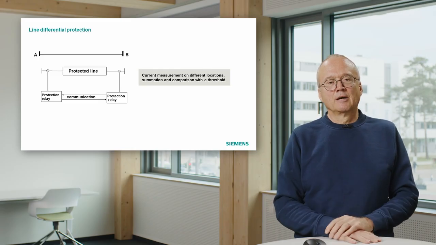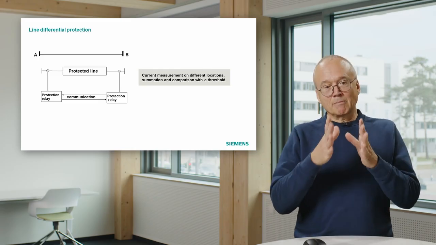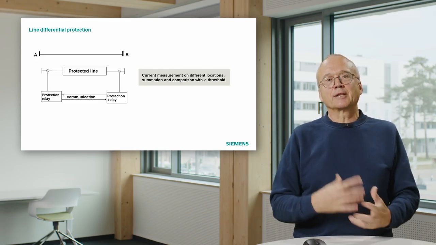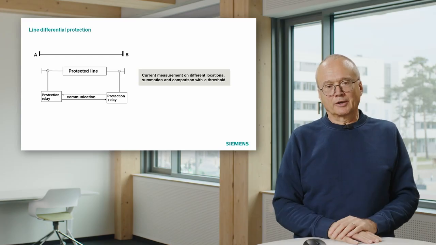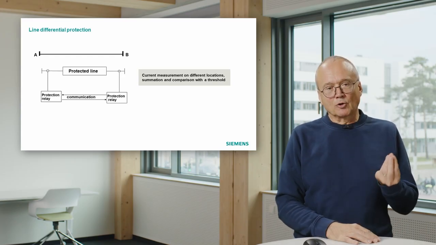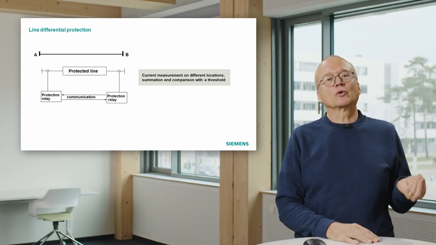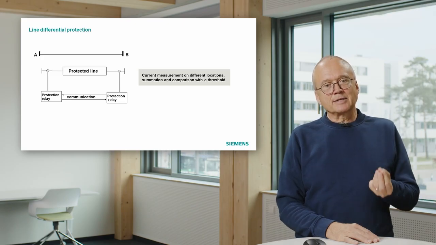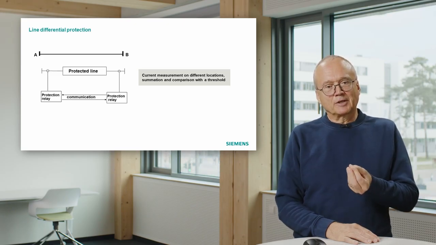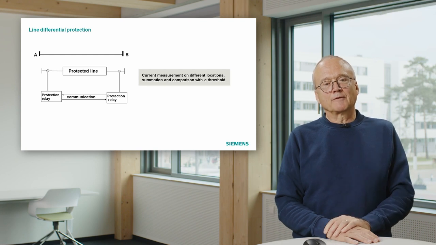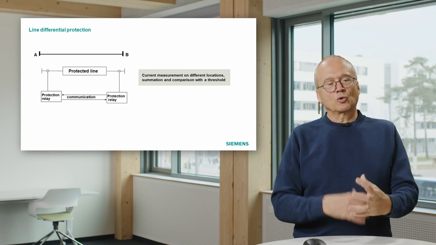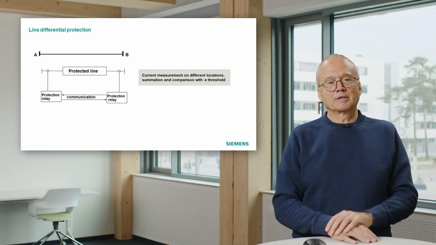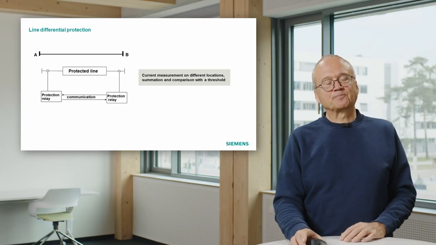Communication is part of the protection. And you can imagine in this field, there's a lot of development going on at the moment. This principle of differential protection is already a very old principle. But nowadays, a lot of development work is going on in the field of communication, so that a lot of development is done there.